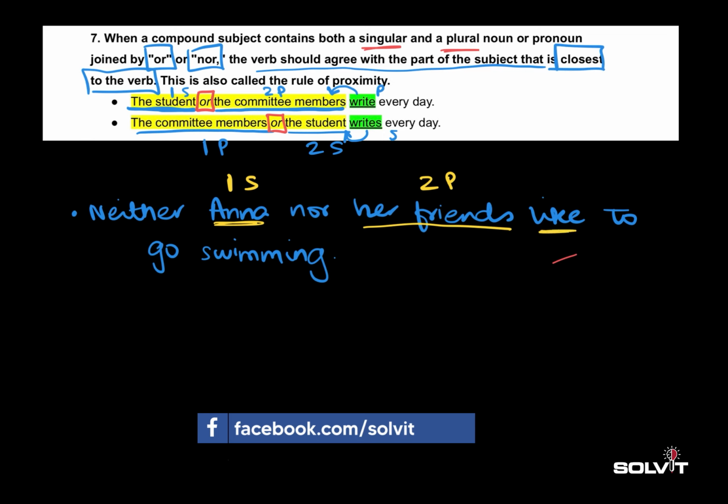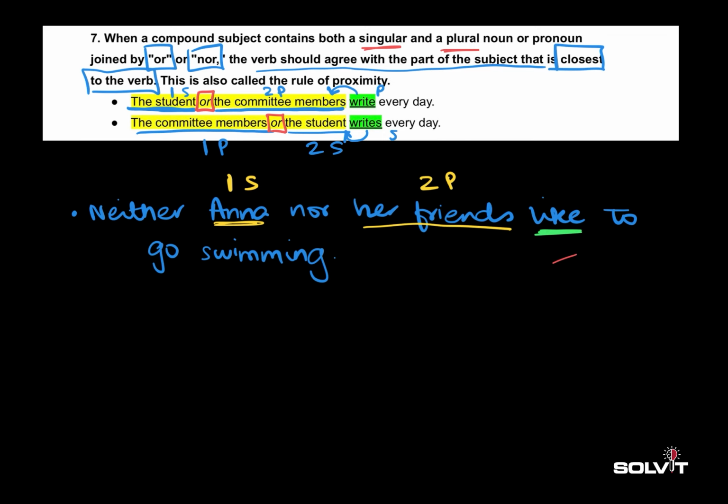So like is the verb over here, okay? So now what is the verb going to agree with? It's going to agree with the subject that is closest to it, okay? So her friends, which is plural, which means our verb will also be plural. It will be like, it will not be likes, okay? If it was only Anna likes, okay, if we were only talking about Anna, then it would be Anna likes.